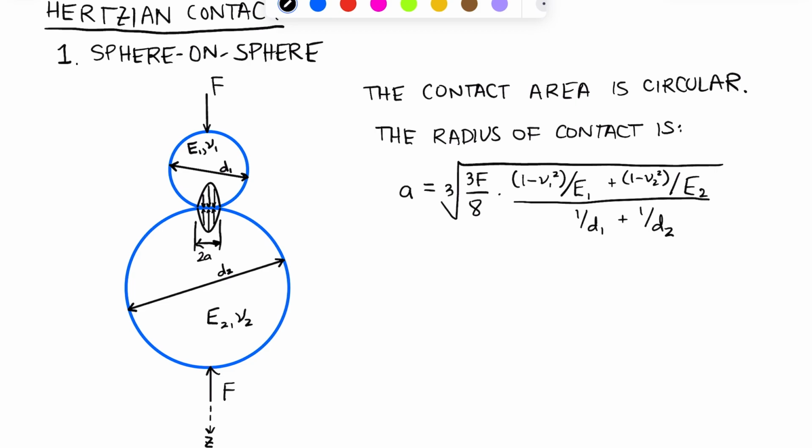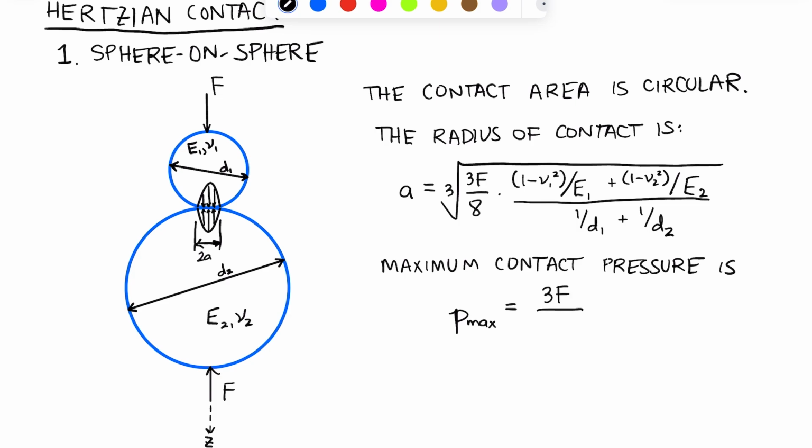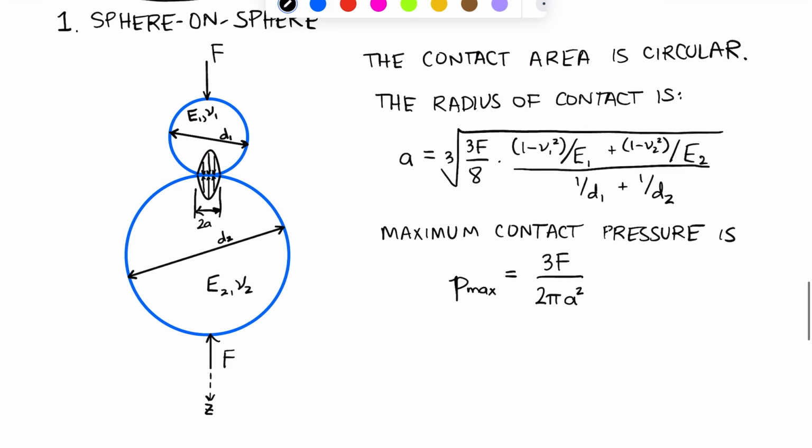The other important equation associated with the sphere-on-sphere model is the maximum contact pressure, which is given by P max equals 3 times the force over 2 times pi times the radius of contact squared. So a couple of notes about these equations.